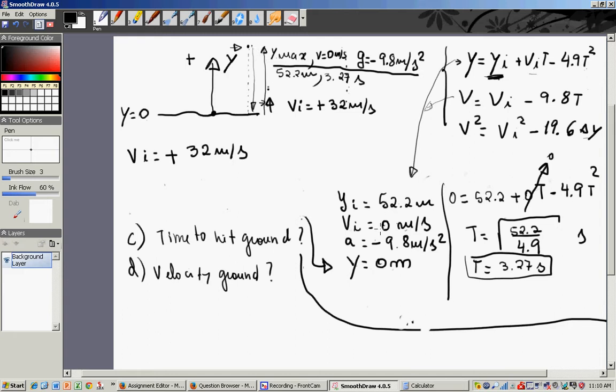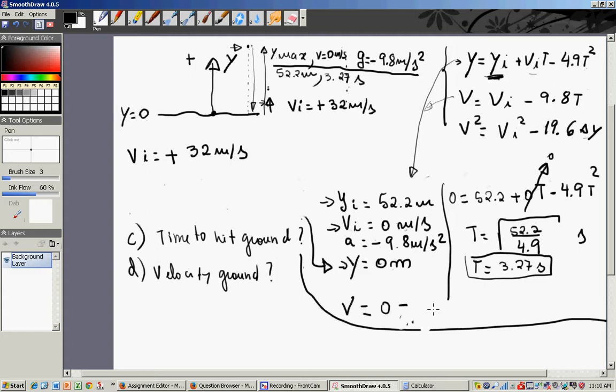And what is the velocity as the ball hits the ground? So how can we solve for that? You can also use the same situation, this same initial condition as we did here. So we say, okay, the top part has initial position given by that.